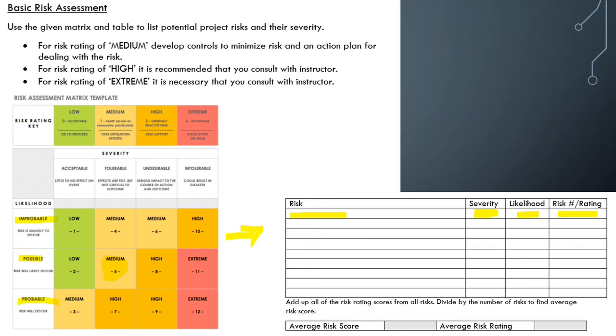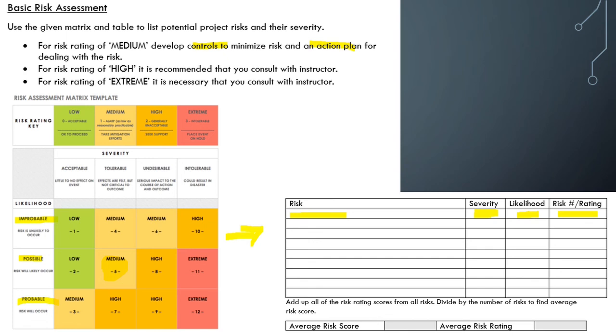If you have a risk rating of high, same thing applies. You should still develop controls, create an action plan. It's recommended that you let me know. I can help you work out some risk mitigation tactics and strategies for those. It's not required. You can still just do the controls and action plan on your own if you want.